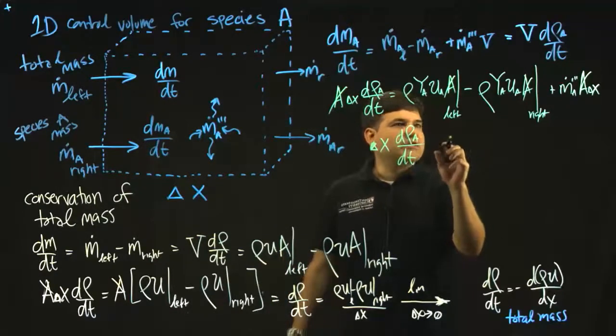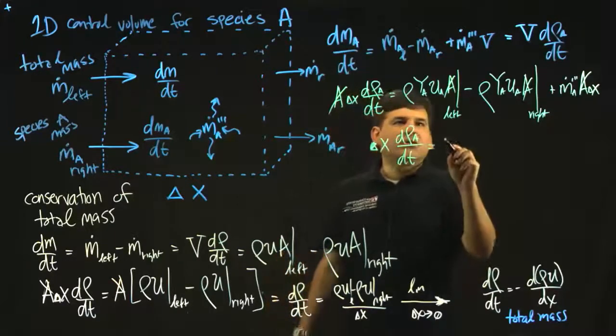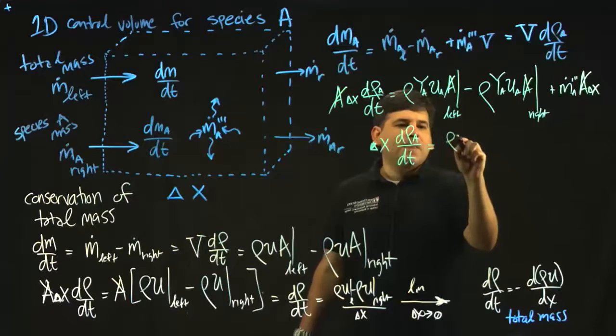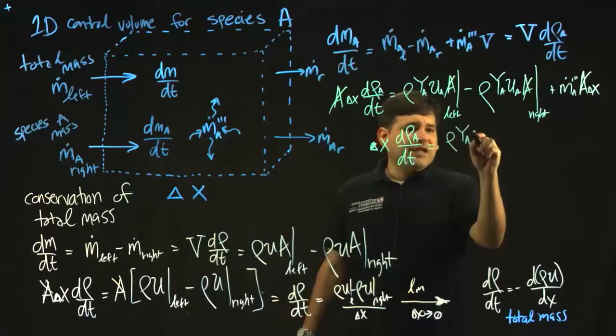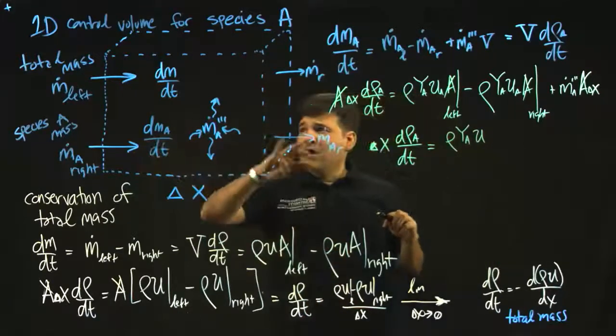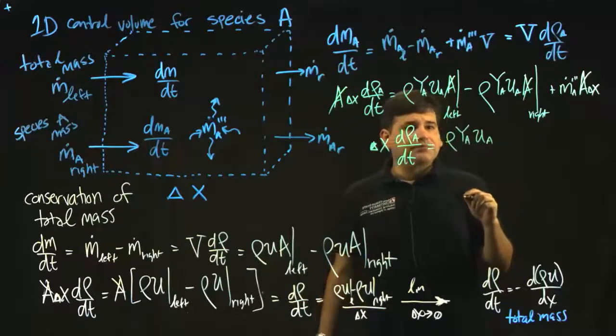And then, as we just discussed, you can relate that to the total density and the mass fractions like this, and then the flow coming in and out can be related to the velocity like this.